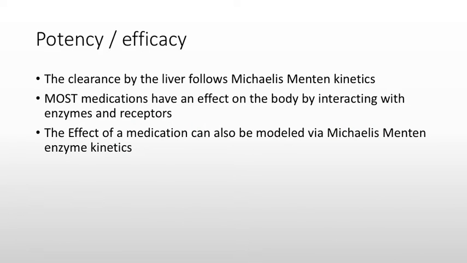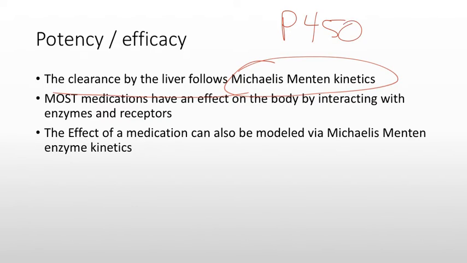Now in the last video we talked about how the clearance in the liver follows Michaelis-Menten enzyme kinetics. That's because the medication is broken down by enzymes, by the enzymes of the P450 system. But did you know also that most medications have an effect on the body by interacting with enzymes and receptors?